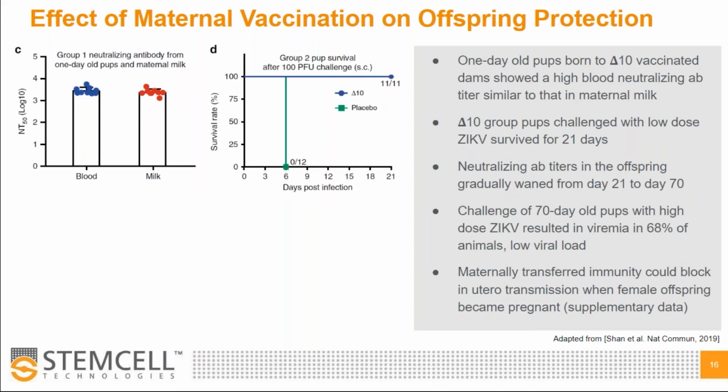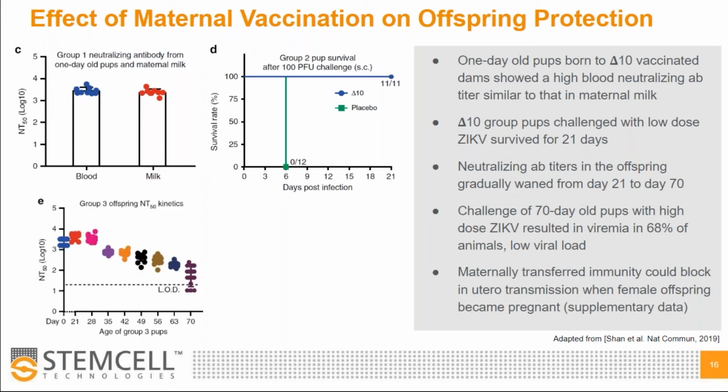In the second group, where the 1-day-old pups were challenged with a low dose of Zika virus, they saw that in the pups that were born to the Delta 10 vaccinated mothers, all of the pups survived the viral challenge until day 21, whereas in the placebo group, all pups succumbed to virus infection by day 6 post-infection.